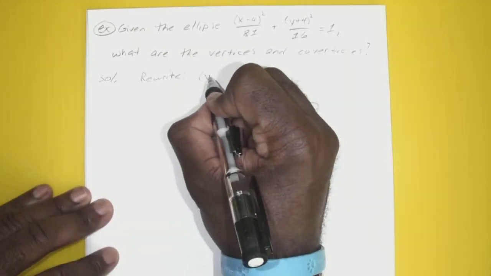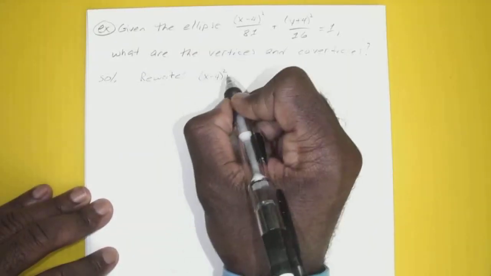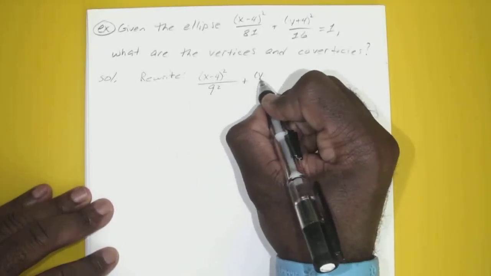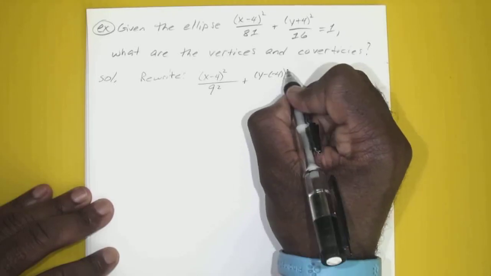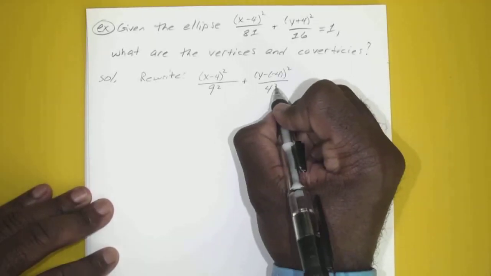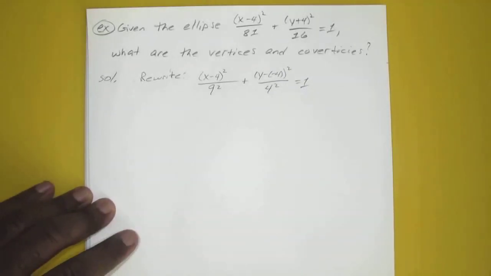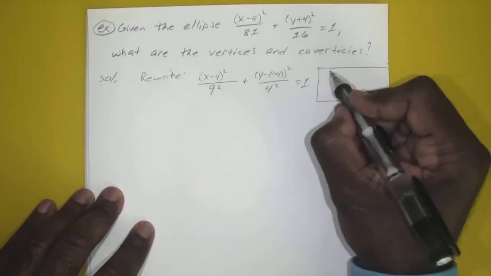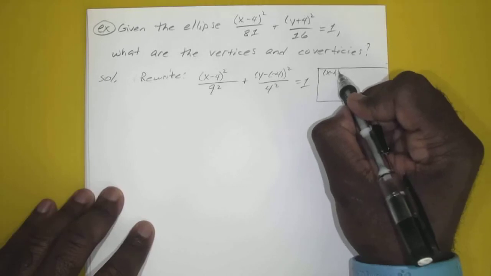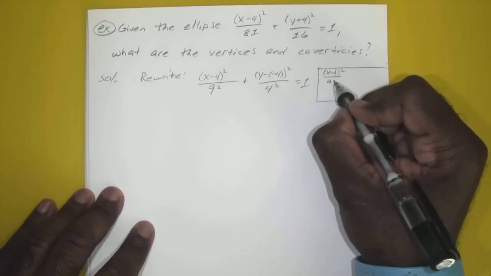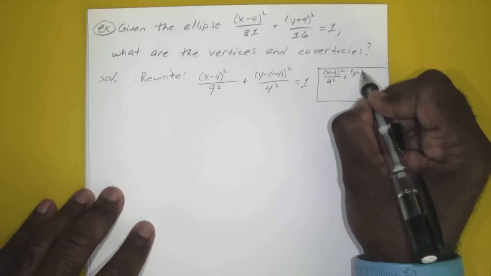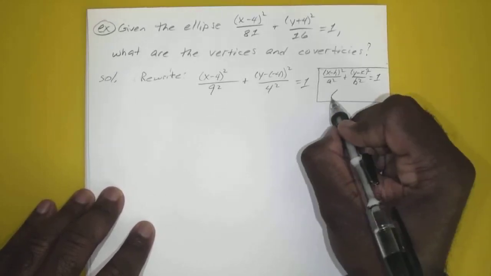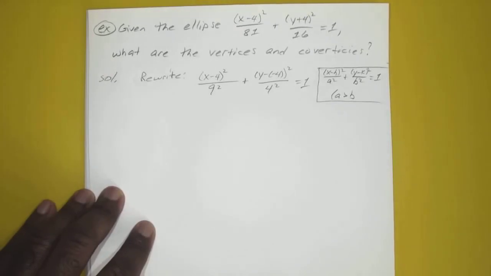Okay, so we have x minus 4 squared over 9 squared plus y minus negative 4 squared over 4 squared equals 1, which lets us know that it's in x minus h squared over a squared plus y minus k squared over b squared equals 1 because a is greater than b.